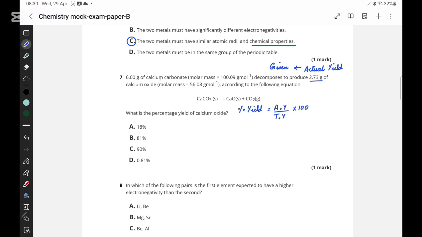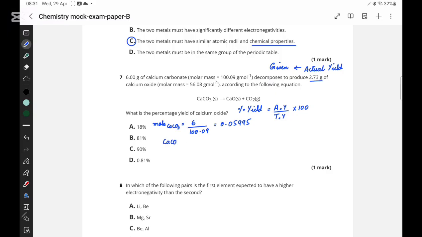So you are given the mass of calcium carbonate. First you need to find the moles of calcium carbonate, that is mass 6 grams, divided by the molar mass of calcium carbonate, that is 100.09, and this comes out to be 0.05995, and from that you are going to find the moles of calcium oxide.